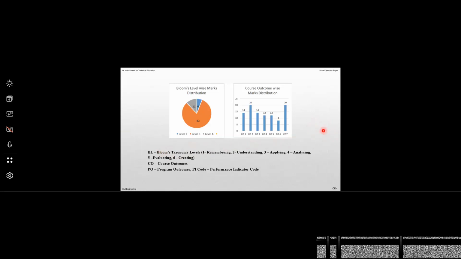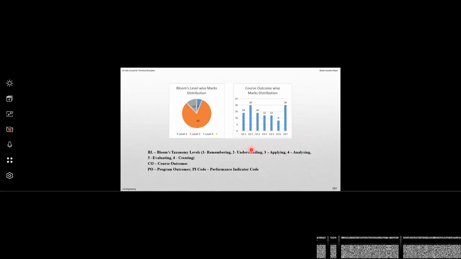For example, there are 10 students. 10 students have written and on an average got 14 marks. Right? Here, in the questions related to CO1, their average mark is 14. Similarly, with respect to CO2, the average mark is 20. With respect to CO3, the marks are 14 and so on. This is the course outcome wise marks distribution that we need to find out.